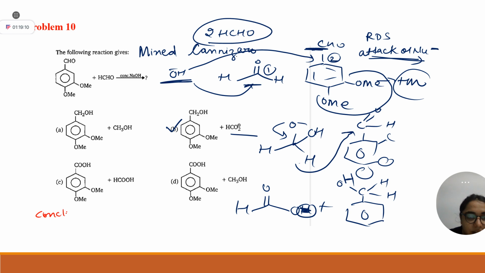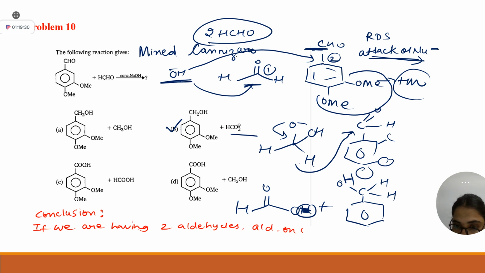So what conclusion you can draw from here is, after doing many questions, you should write some conclusions in your copy. What? That if we are having two aldehydes, the aldehyde which is more electron deficient will be oxidized.